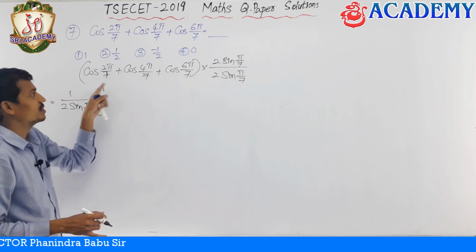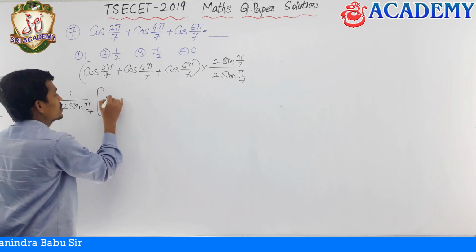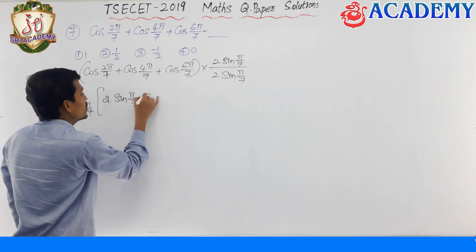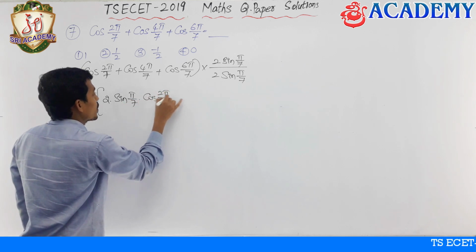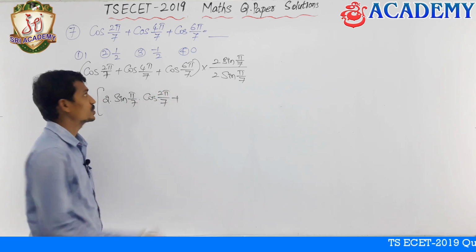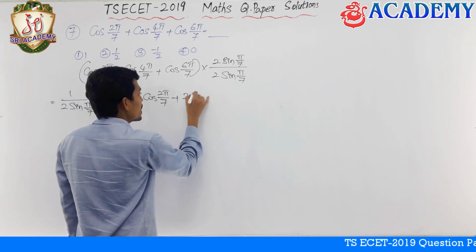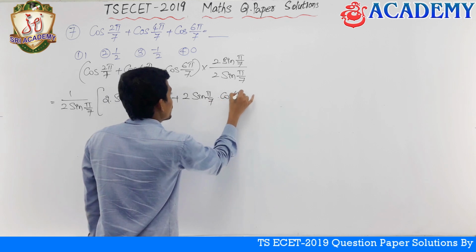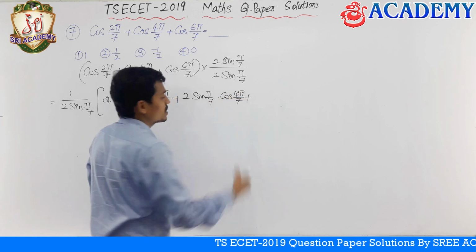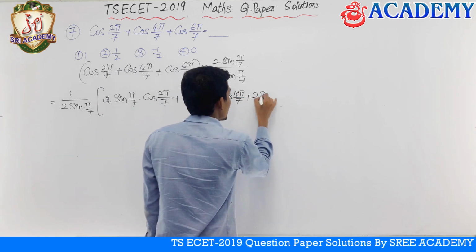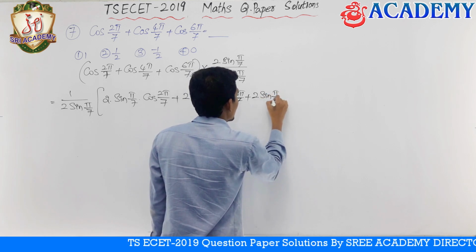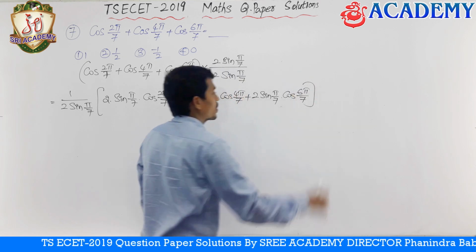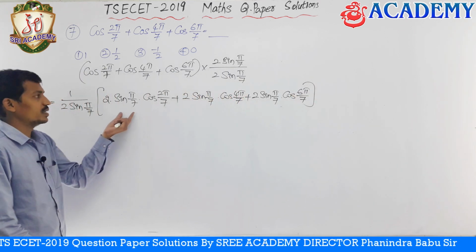This having 3 values, it's going to be multiplied with 3 values, that is 2 sin pi by 7 cos 2 pi by 7 plus 2 sin pi by 7 cos 4 pi by 7 plus 2 sin pi by 7 cos 6 pi by 7. From here, let's see.